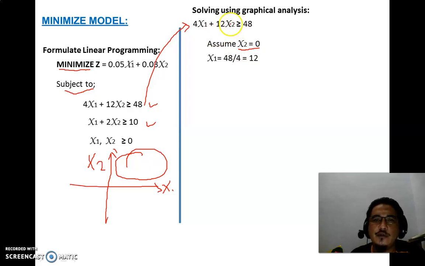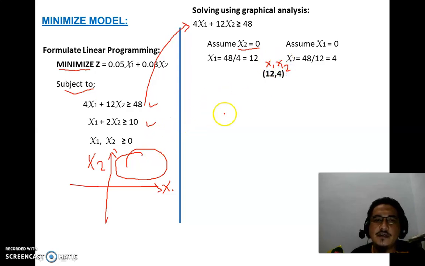So when s2 is 0, that means 4s1 equals 48, so s1 is 12. Second, we assume s1 is 0. That means 12s2 equals 48, so s2 equals 4. So the first point is 12 and 4, that means s1 is 12, s2 is 4.